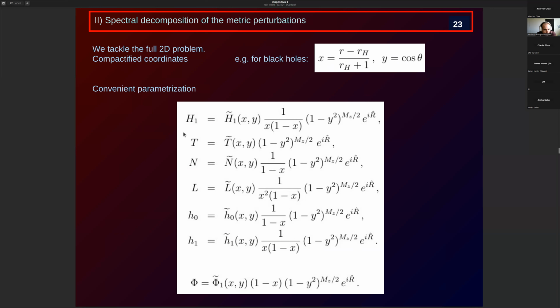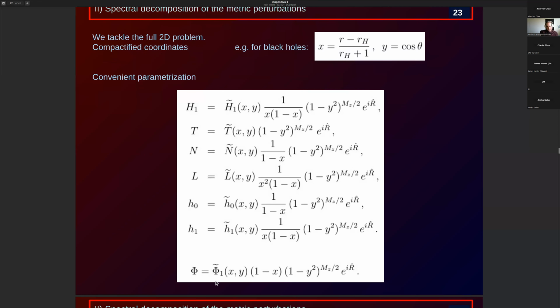And very important in the spectral method is always to use a convenient parametrization. What you can use is something like this for the metric perturbations and for the scalar perturbations. You can try other parametrizations. They all work. You can make all kinds of analysis of what is better from the point of view of numerics, more stable.